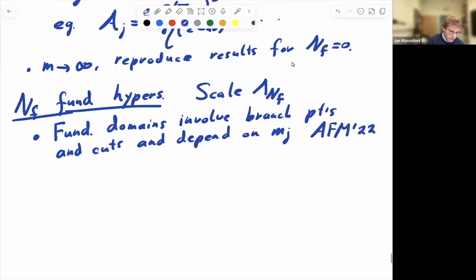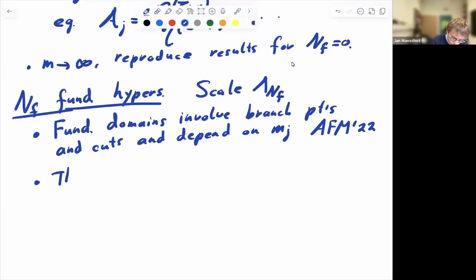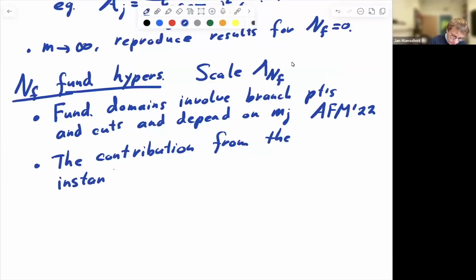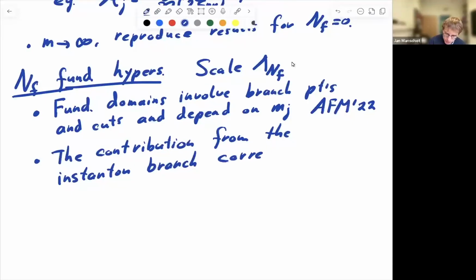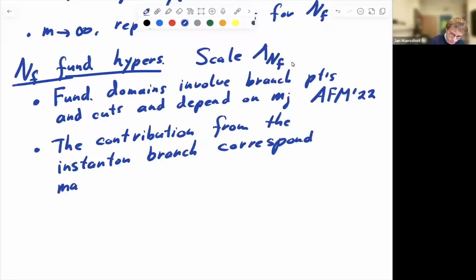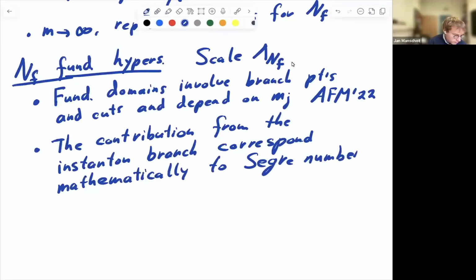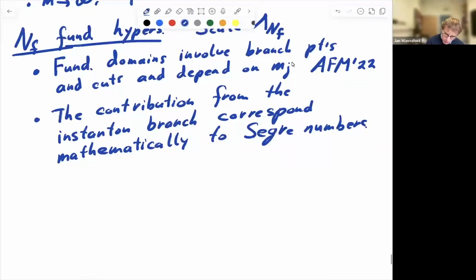The contribution from the instanton branch, and the correlation functions, correspond mathematically to so-called Segre numbers, as studied, for example, by Göttsche and Kool in their work from 2022.